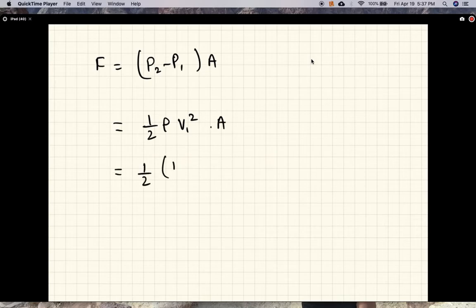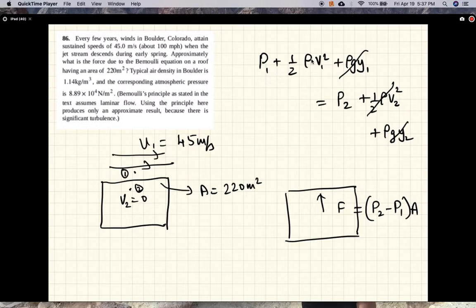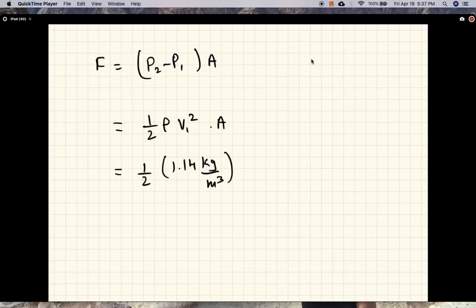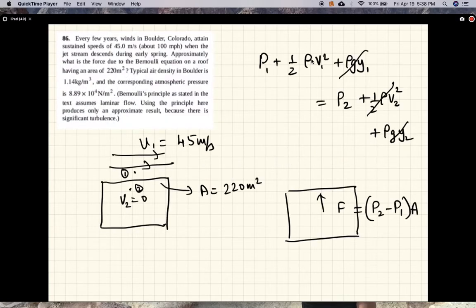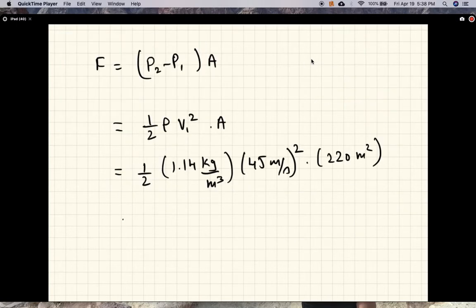The density in Boulder is 1.14 kg per meter cubed. This is 45 meters per second squared, and the area of the roof is 220 meters squared. Is that right? Yep. Okay.